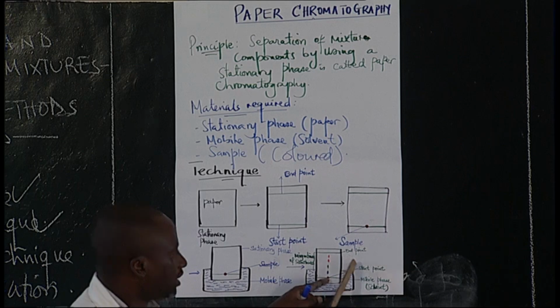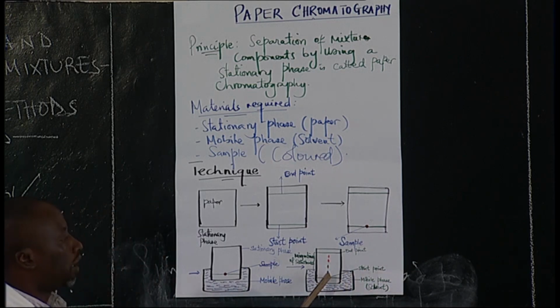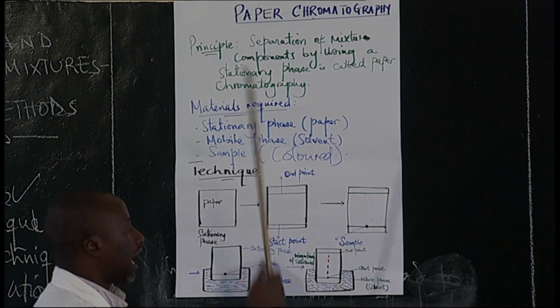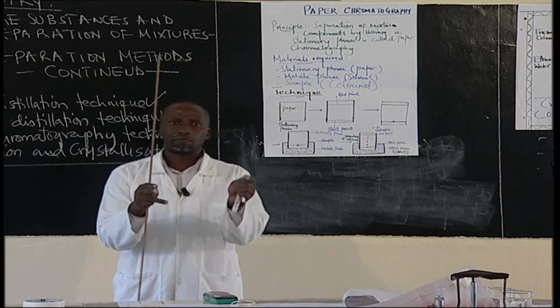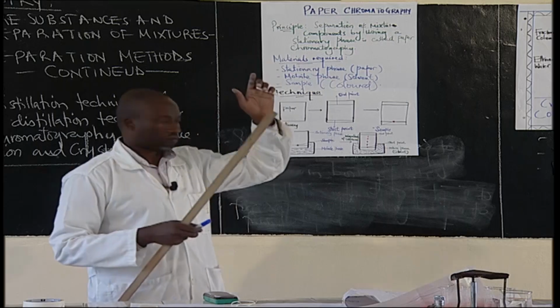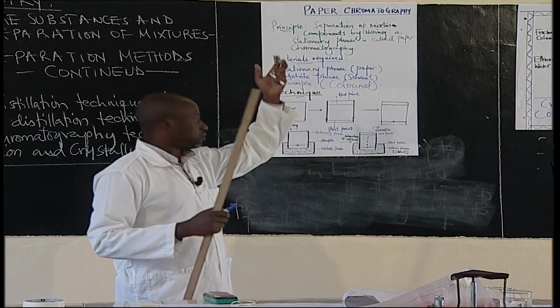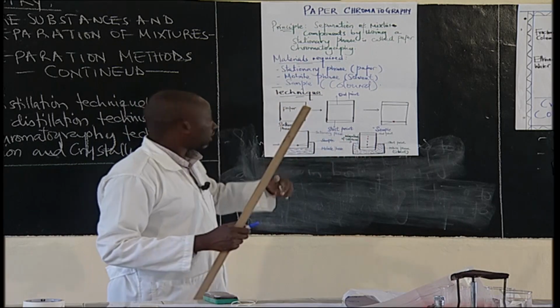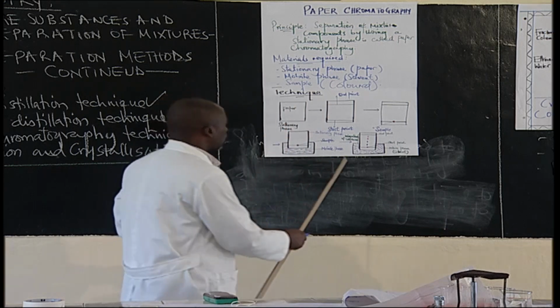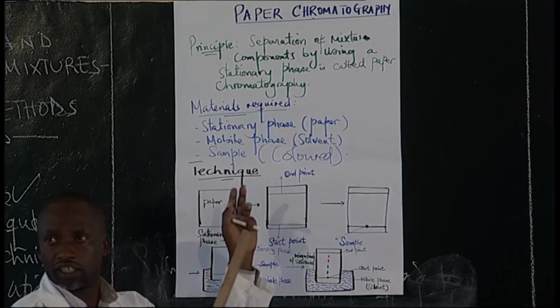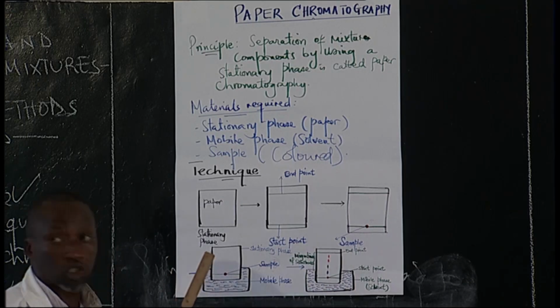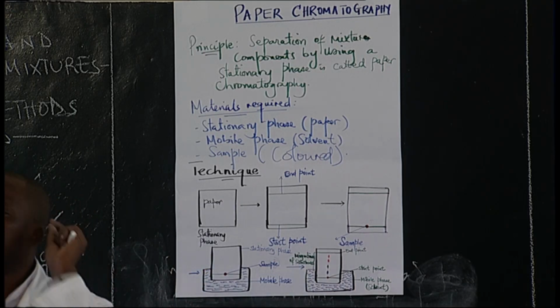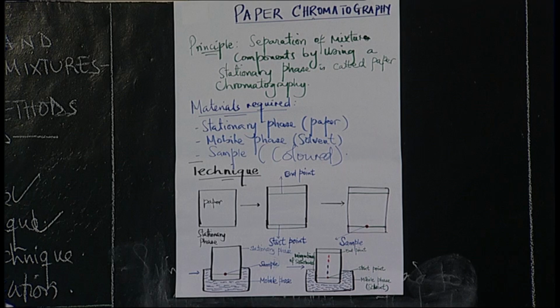The materials within the mixture at the start point will start moving up. We call it a vertical method. So it will start migrating up. This migration will depend on the solubility of the solutes within that material. So this one uses solubility.